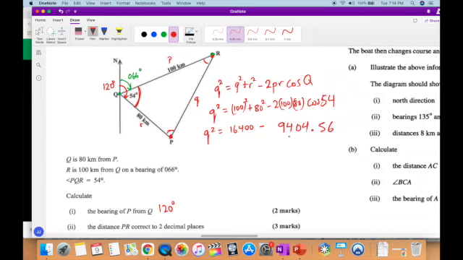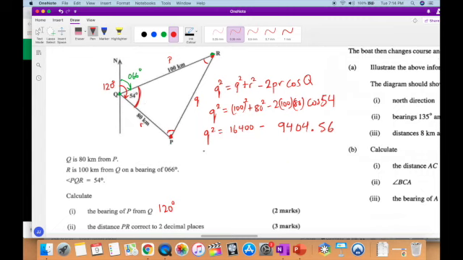I'm not going to just use this one in my calculator. I'm actually going to use the long decimal from my calculator. So I'll do 16,400 minus the answer.